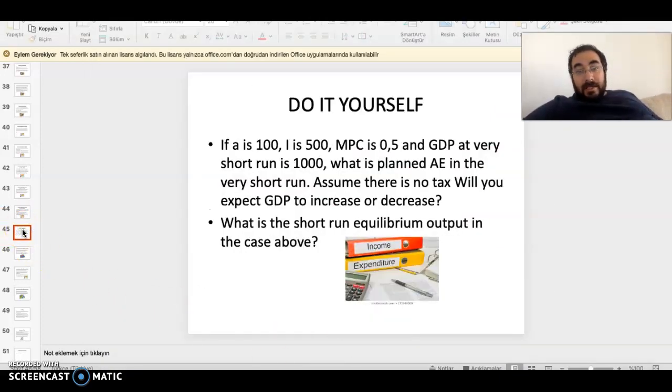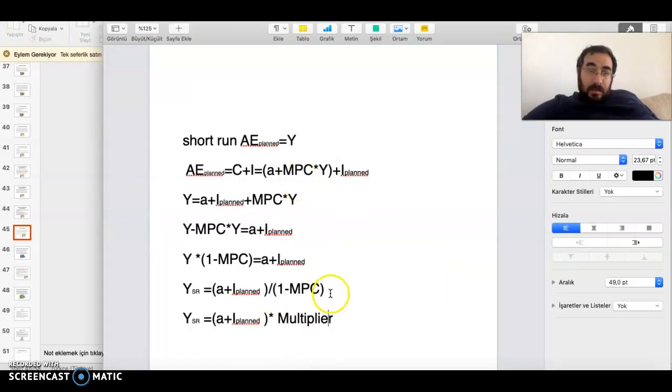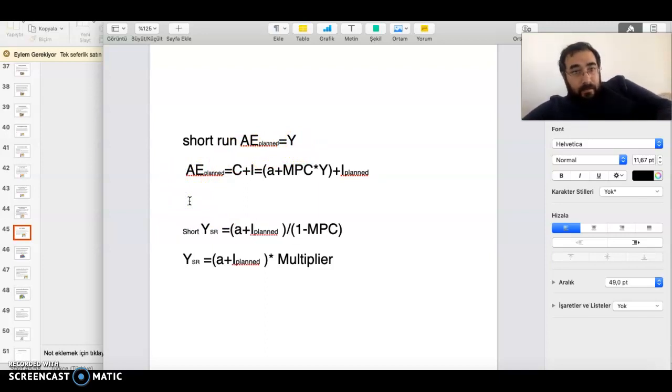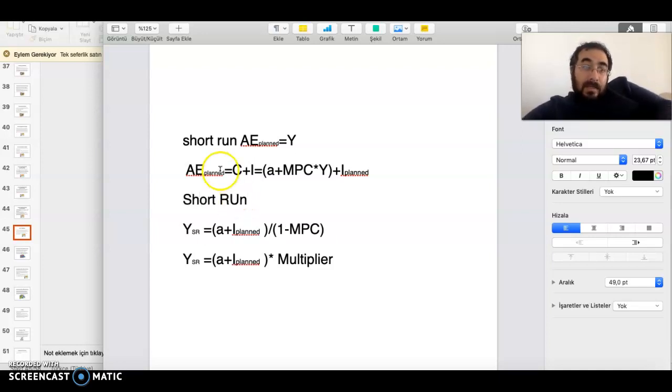Now let's have a little bit of fun. Let's have the equations above available, and basically keep these two. And let's say this is short run. And this is very, very short run.